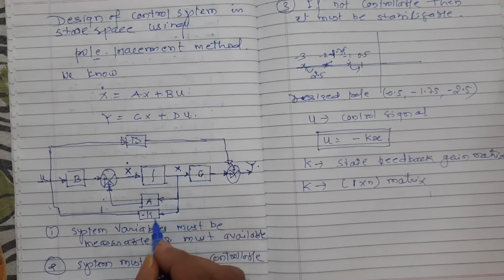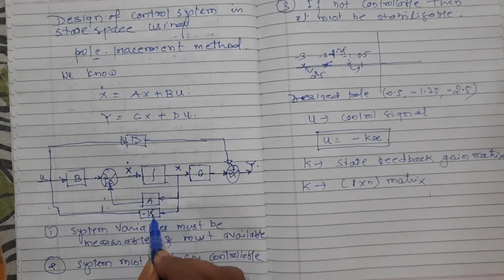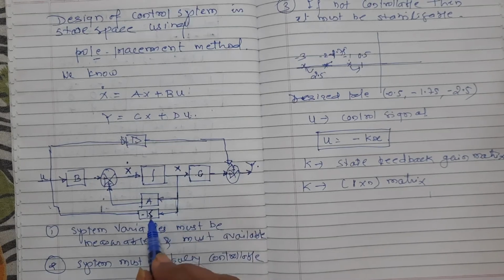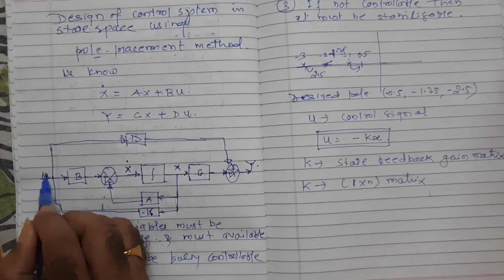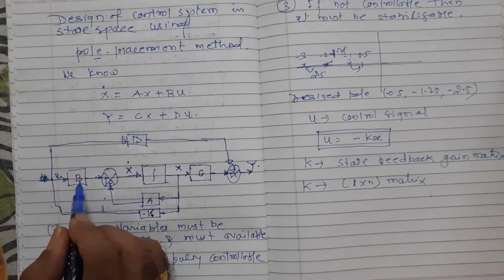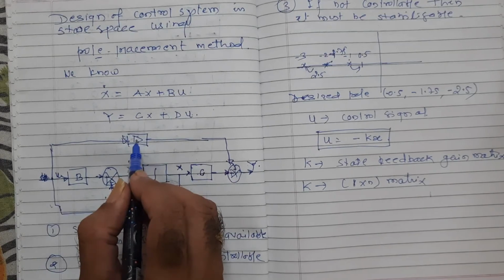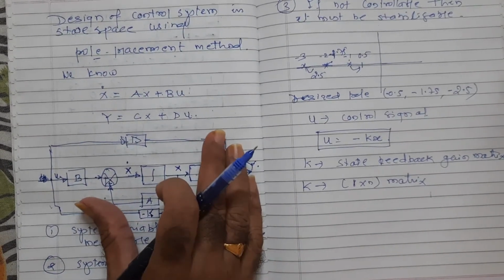This is x, minus k into x, that is minus kx, and it is given here. So this becomes my u. Now u is given to the B as well as to the D, and now this is my control system.